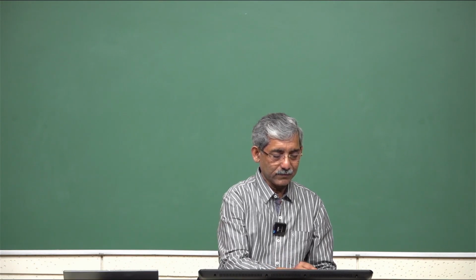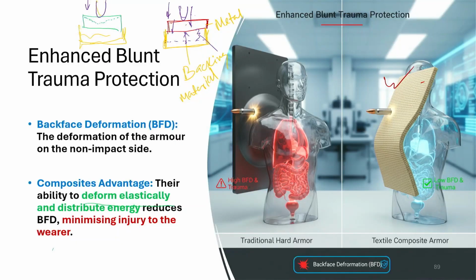So, this elastic deformation will result in distribution of energy to the other side over a larger area. As the area increases, it will result in lower pressure on the backing material. That means it will minimize the back face deformation, and thus it will minimize the injury to the wearer. So, hard body armor will result in higher back face deformation.